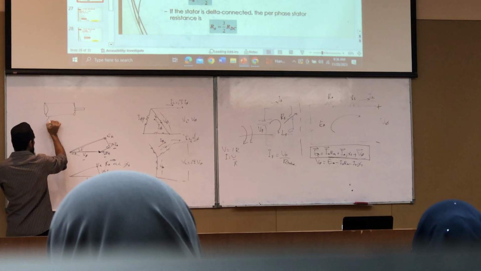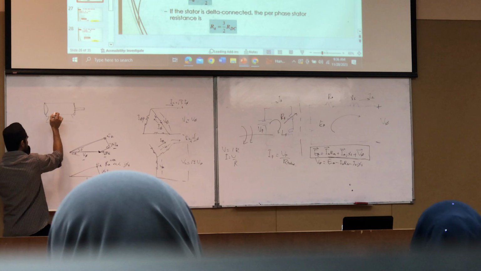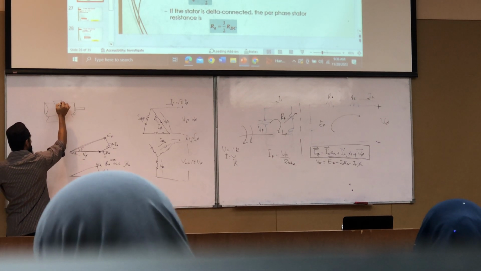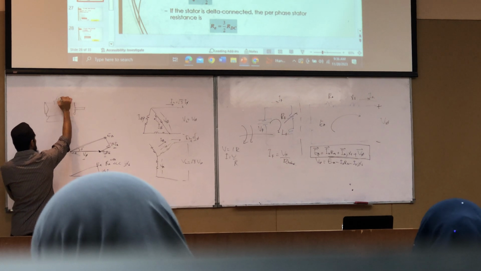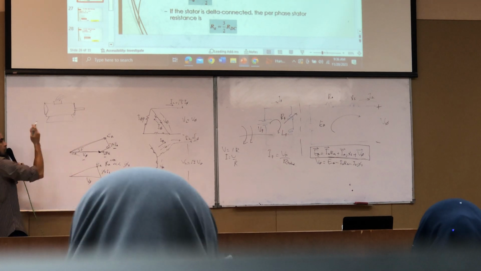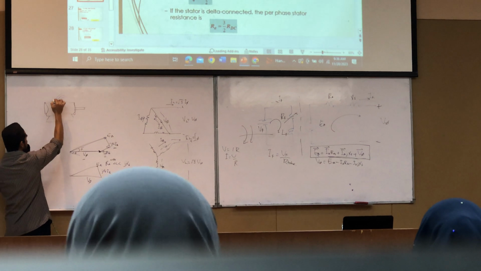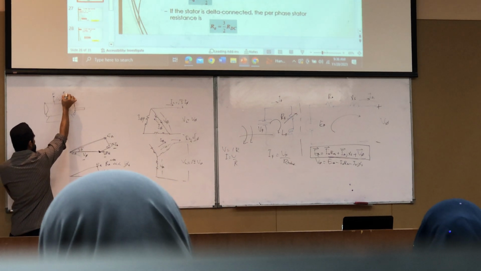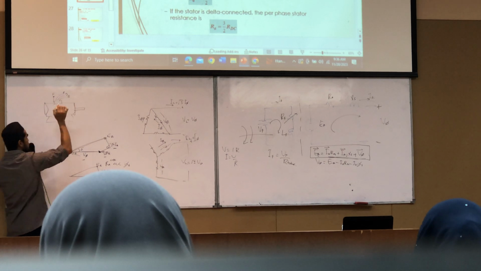So you have a block of your machine. Inside the machine, if you take a look at your connection box, there can be 3 wires coming out from this machine. Only 3 wires. Sometimes we have 4 wires now. One is neutral, red, yellow, and blue.